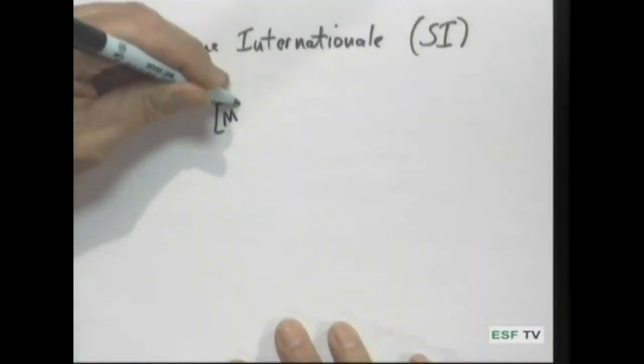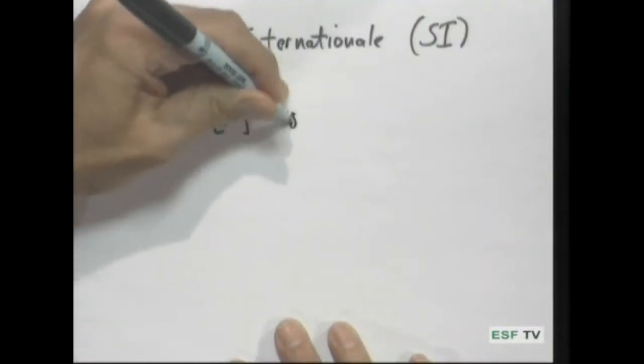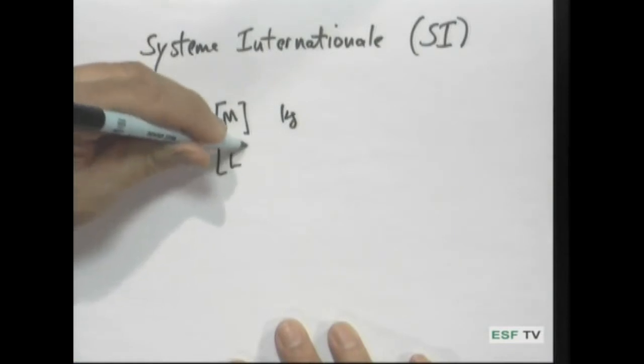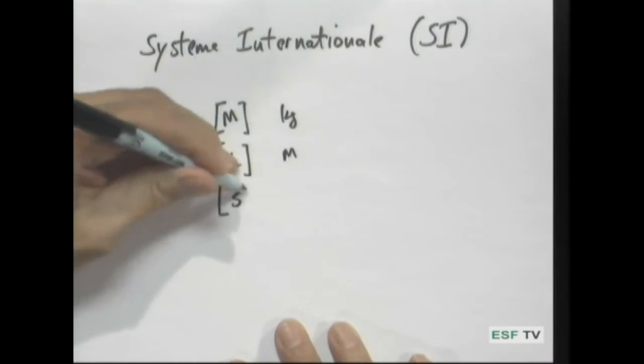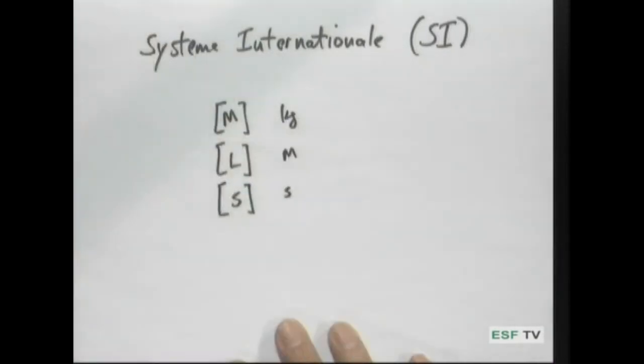So, for example, kilogram, meter, and second are fine as fundamental units, but we also have to agree upon different people who are studying different things have other kinds of considerations that they're looking at.